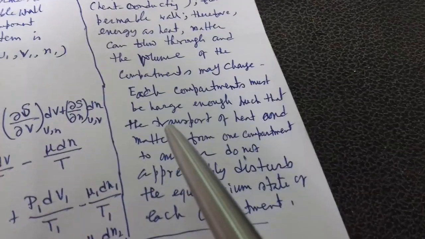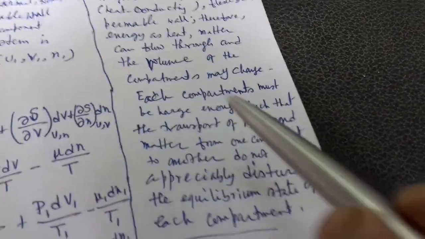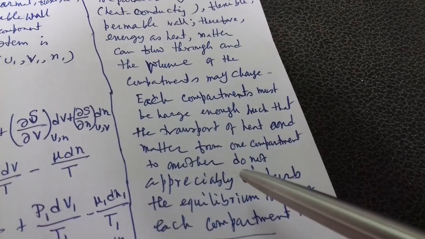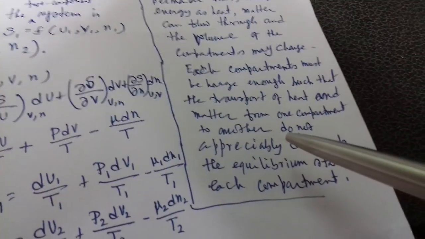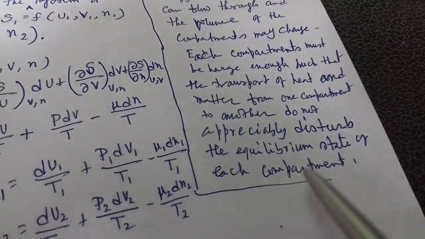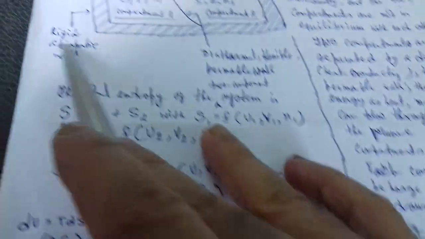Each compartment must be large enough, so let us imagine these two compartments are very large, such that the transport of heat and matter from one compartment to another does not appreciably disturb the equilibrium state of each compartment. Though the matter is flowing, the change is negligible. In that case, the variables in the individual compartments remain almost constant.